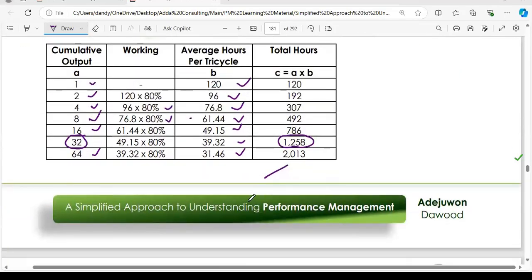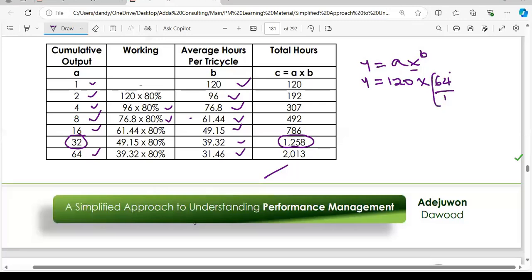Let me just demonstrate one for you so that you see what I'm talking about. For the artisan, we are saying y is equal to ax raised to power b. My A is the average time taken to produce the first batch. For artisan, the examiner has told us that 120 hours will be spent to produce one tricycle, multiplied by X. X is the required output, which is 64, divided by the output in the first batch, which is 1.